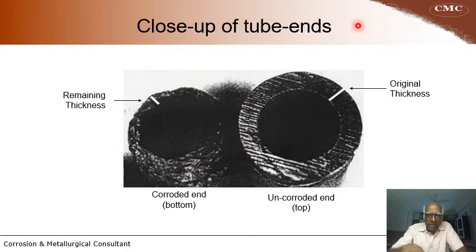This indicates that corrosion has taken place on the outside surface. And you can recall the outside surface contains boiler feed water, whereas the inside surface contains hot gases. So this indicates there has been some corrosion problem on the outside surface. That means the boiling water.